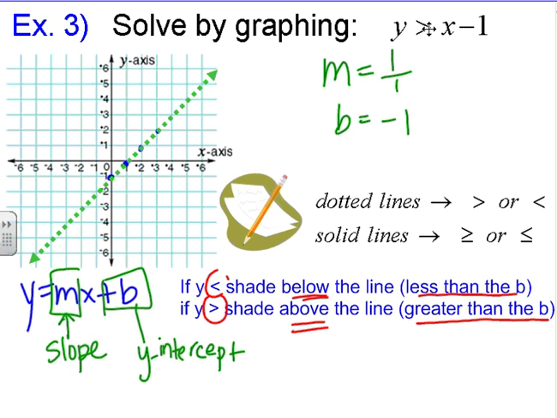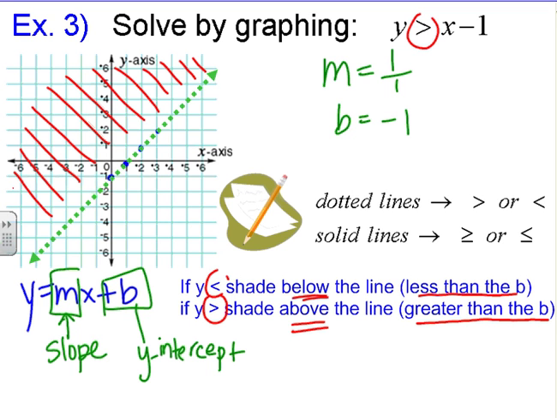So since we have a greater than sign, we want to be greater than -1 on the y-axis. So here's -1, and all the numbers on the y-axis greater than -1 are up here, going up this direction. So we shade all of that in, and that's a great, fast, and easy way to show our shading.